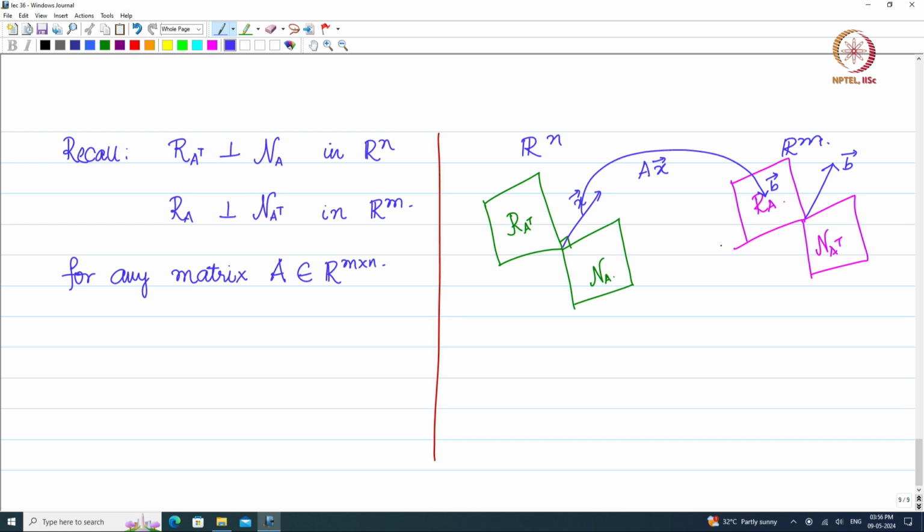Now what did we say in the last lecture? Suppose y is a vector in the null space of A transpose; we said that b dot y should be equal to 0.